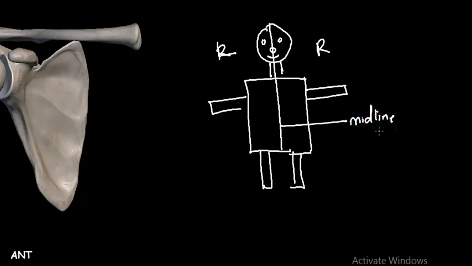I need you to understand that anything that is coming, let's take an example with the right hand side, anything that is coming toward the midline, we call it medial. And anything that is going away from the midline, we call it lateral.